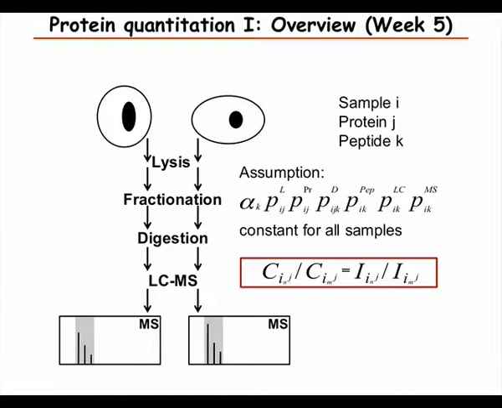Then we can assume that all these constants don't change. Of course they do change a little bit every time, but we try to minimize that. Then if we measure a ratio of intensities, the ratio of the proteins should be equal to that ratio.